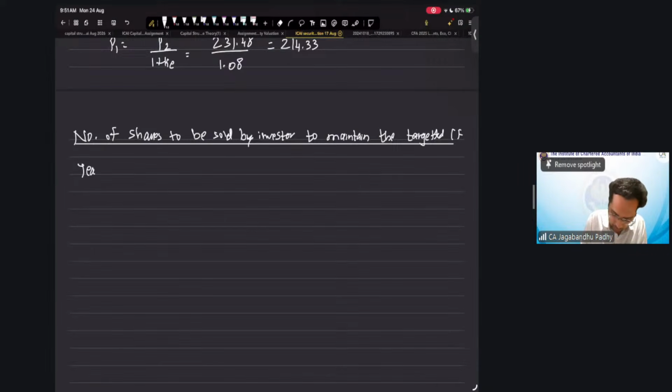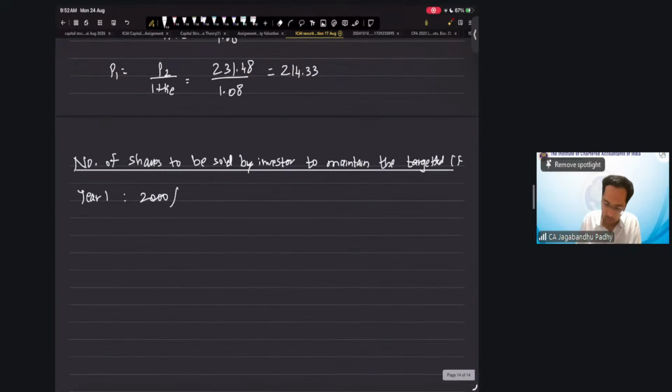In year 1, this will be 2000 divided by the year 1 price, 214.33, which is 9.33. Approximately, of course, 10 shares will be sold.